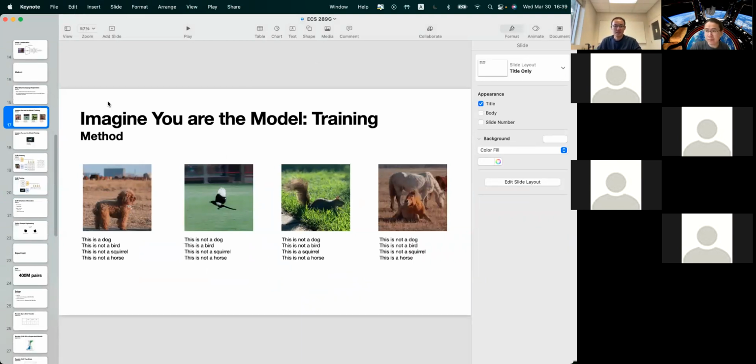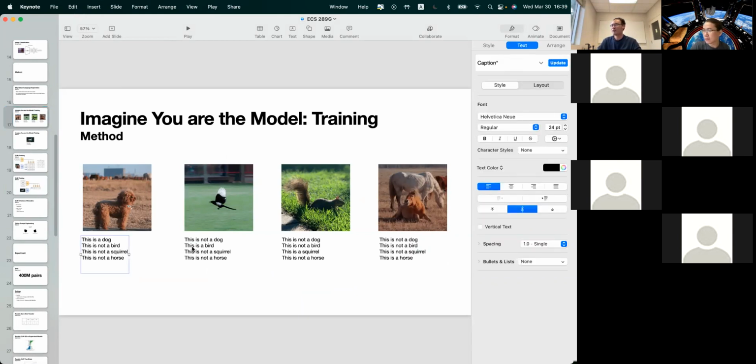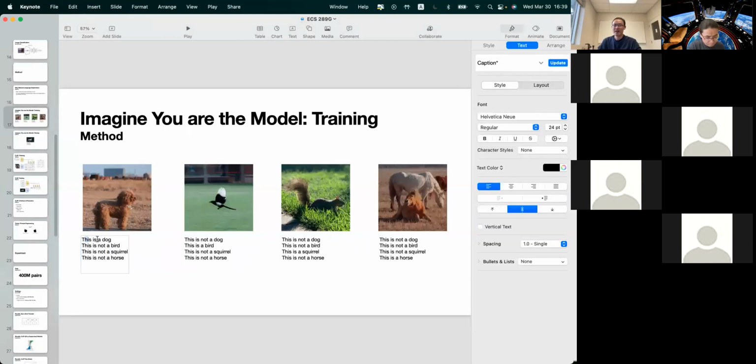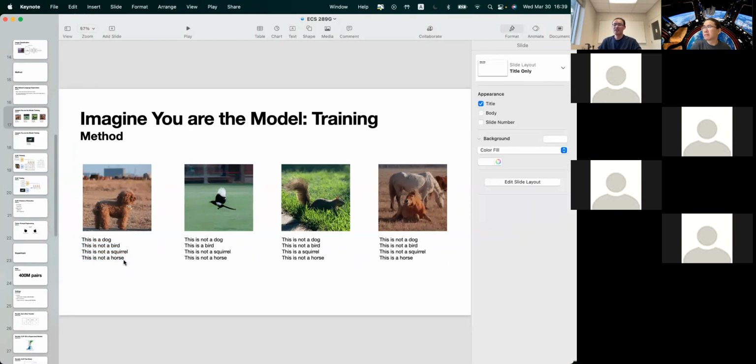Can you see this? In this slide, I offer you four sentences. This one is called the positive label, and those 3 are called the negative labels. It is using this way to let the model separate apart all the representations.